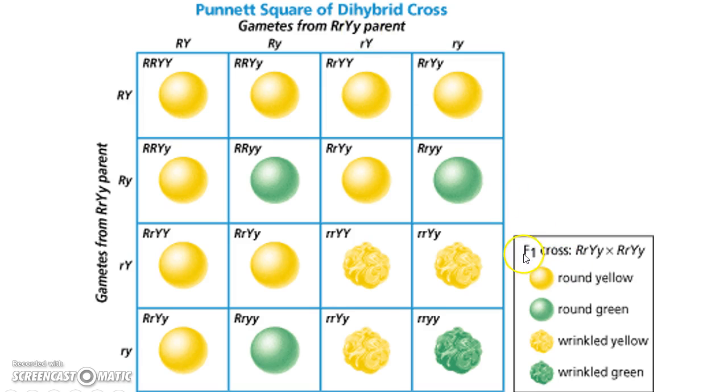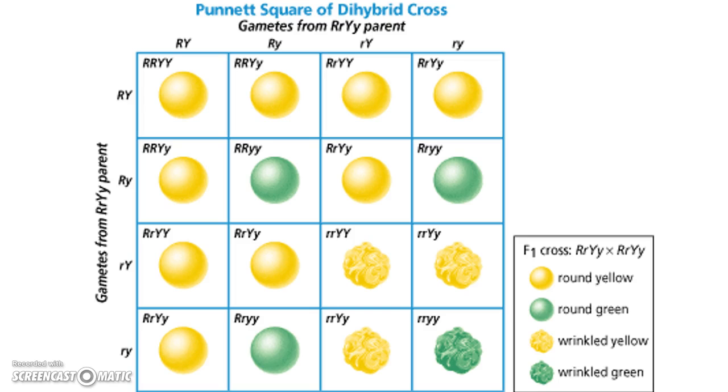See, F1 cross, that just means first family. So my capital R is going to be the round shape. Anything that has a capital R is going to have a round shape, and anything that has a capital Y is going to be yellow. So wrinkly shape is going to be recessive, and green color is also going to be recessive.